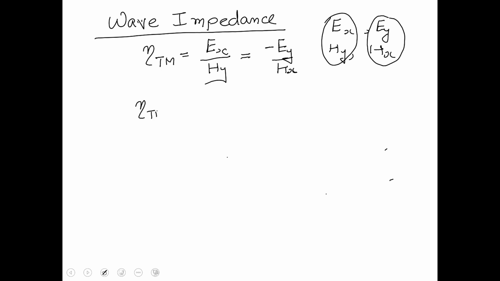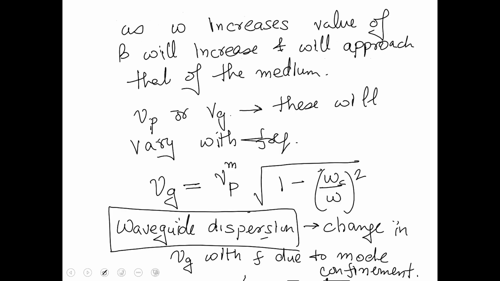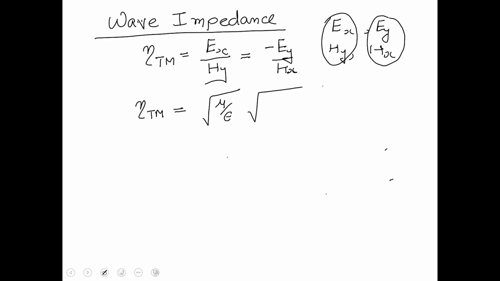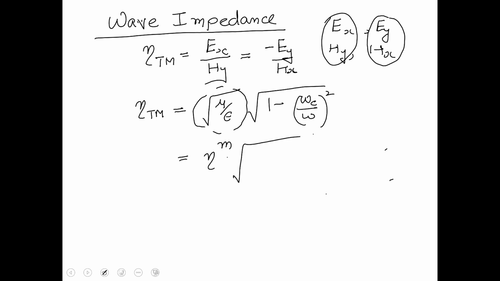So the impedance in the TM, if you just substitute the values of these fields, will be given by square root of mu by epsilon multiplied by 1 minus omega c by omega square. And this is nothing but eta of the medium multiplied by 1 minus omega c by omega square.